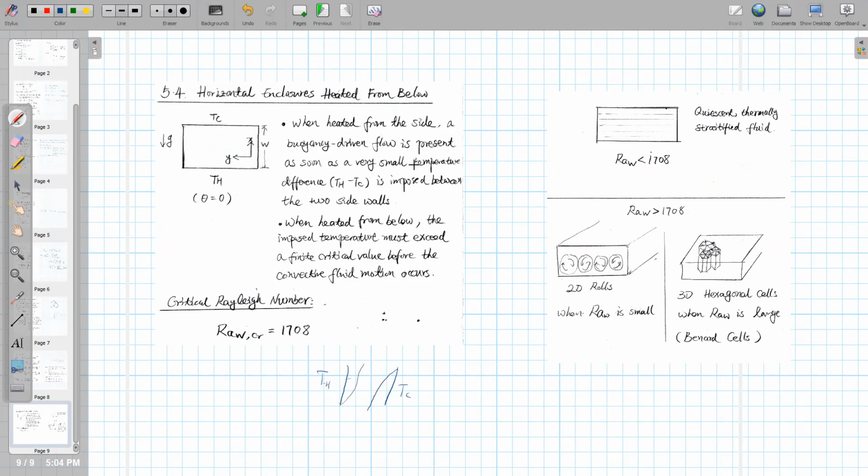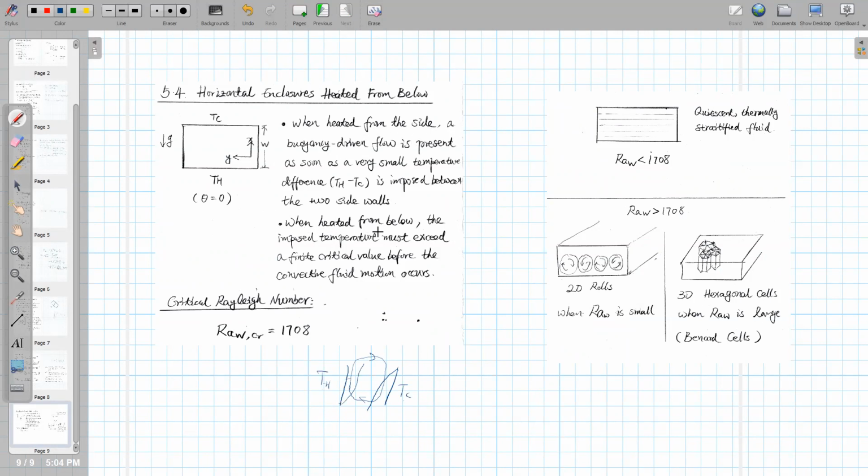As long as TH and TC are different, you will immediately form these boundary layers and the flow will move in this way. This is the case when you heat from the side.